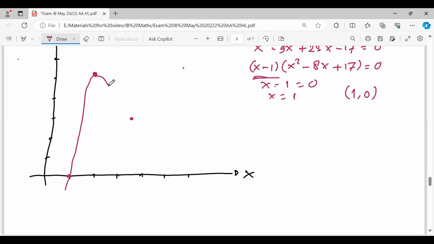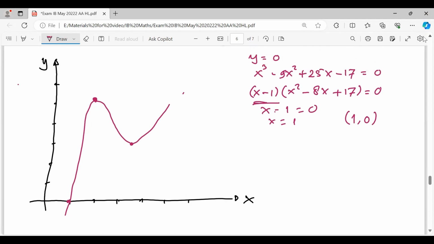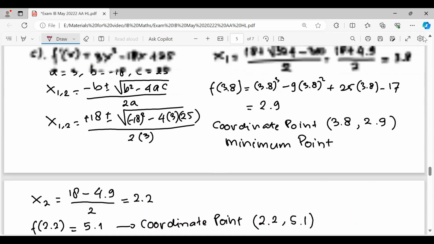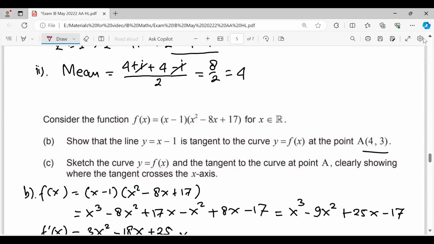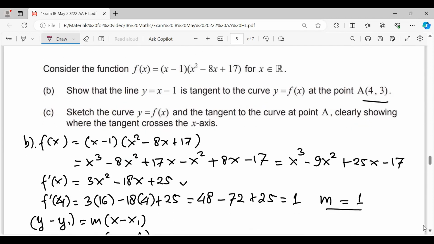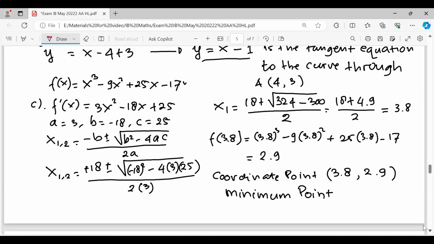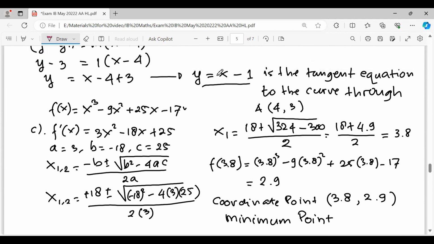Then this. Yeah. And as well, we are going to sketch the tangent equation. The tangent equation is y equals x minus 1. So yeah, this one. y equals x minus 1.